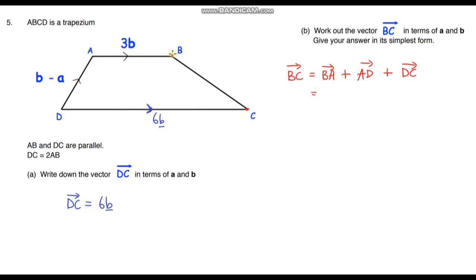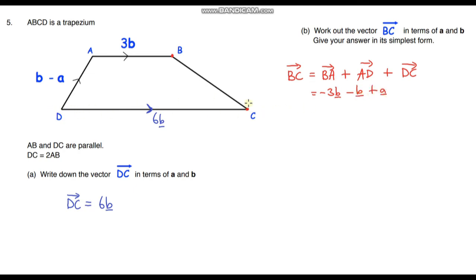So, first of all, what is vector BA? Well, it's the opposite direction to this vector, so it's going to be negative 3b. And then vector AD, again, it's the opposite direction to this arrow, so it's going to be the negative of this. So it'll be negative b plus a, so minus b plus a.